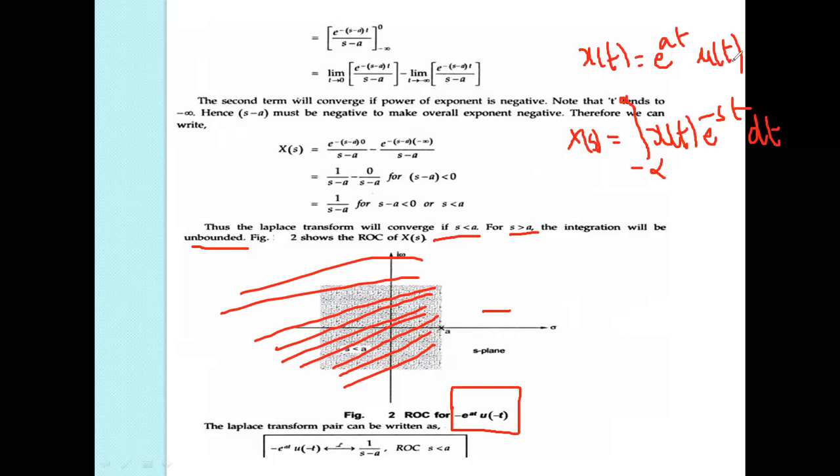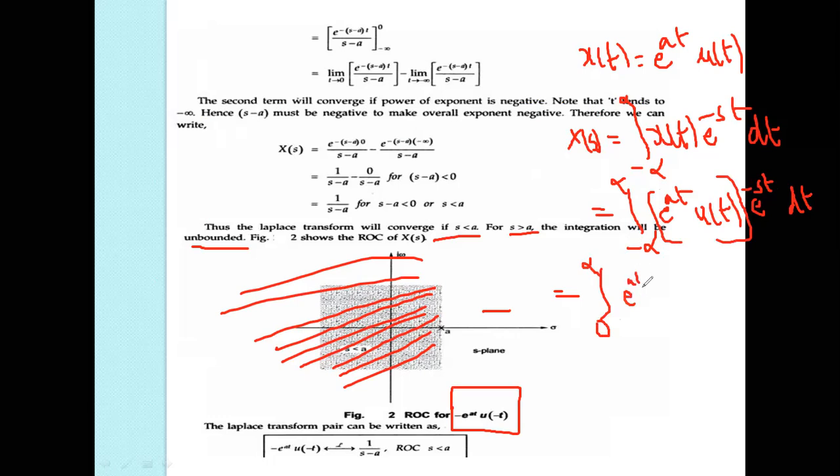Now this is mu of t, so the limits are from 0 to infinity, where mu of t is 1. So we have e power a t, e power minus st dt.